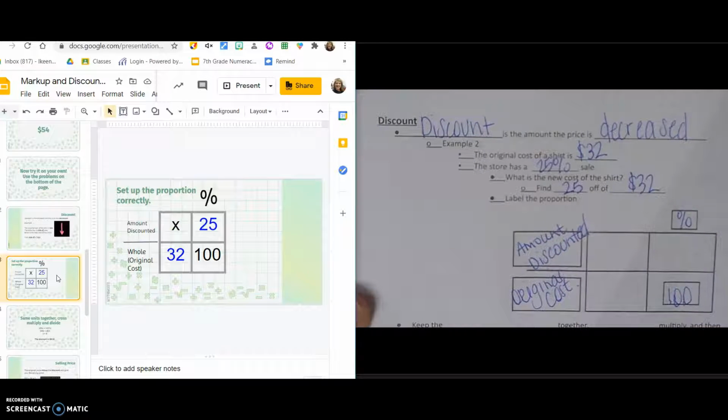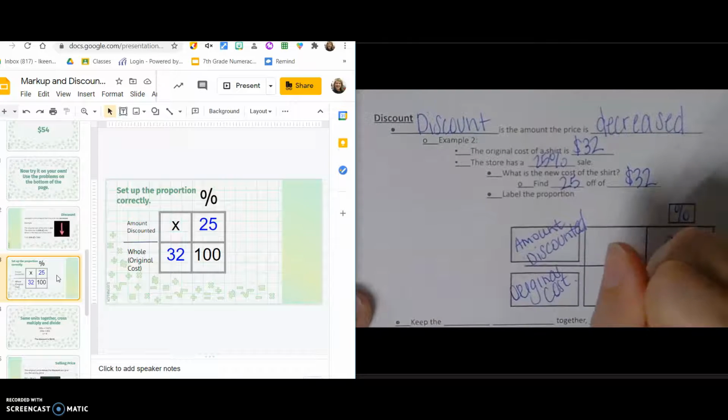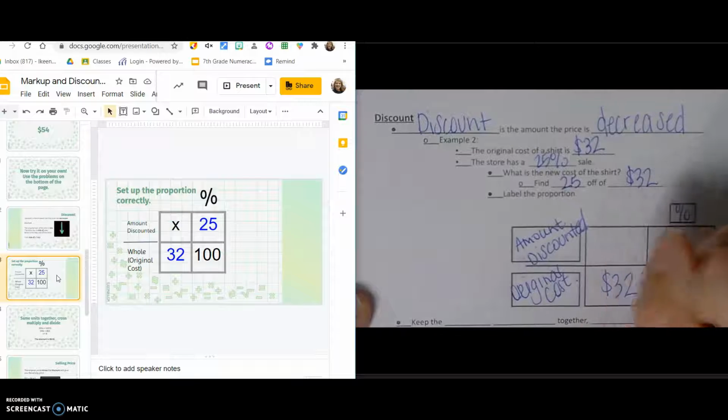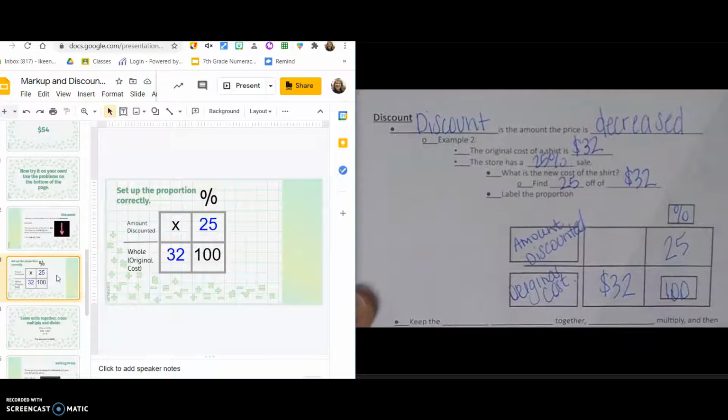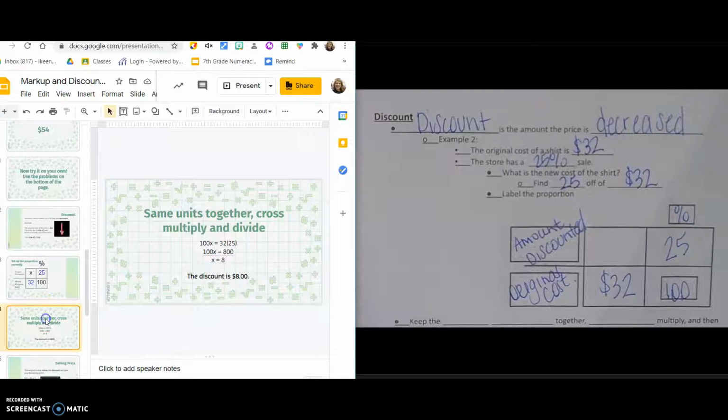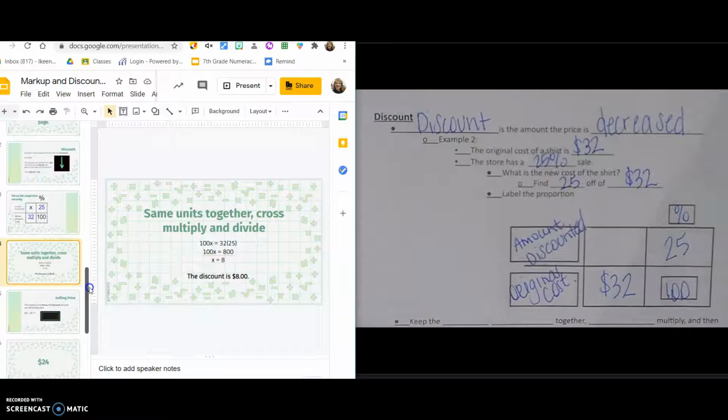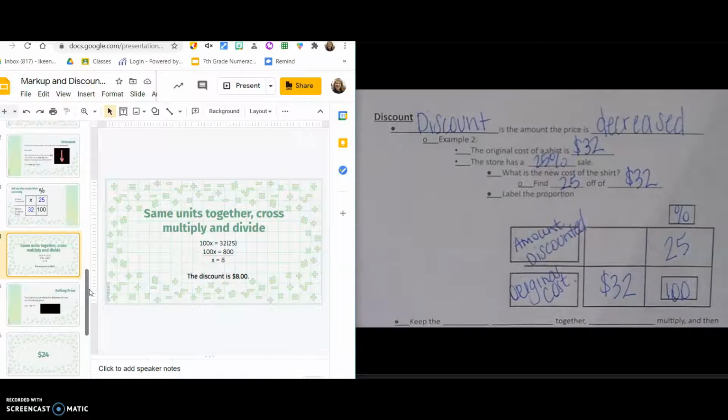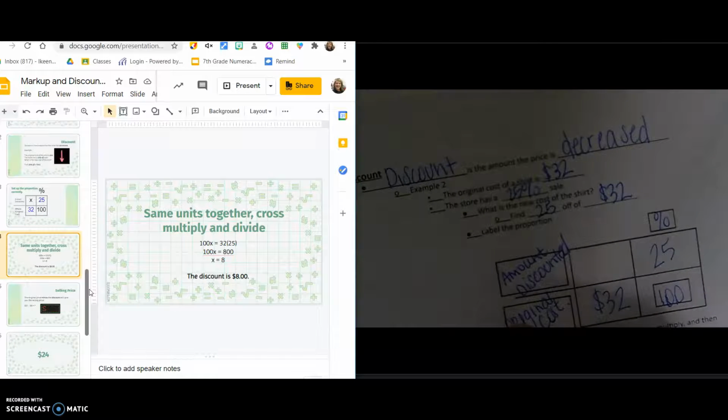Okay, so our problem tells us that there is a 25% off sale and that the price of the shirt is $32. Okay, so we can keep the same units together, okay, and we can cross multiply. That's completely fine.